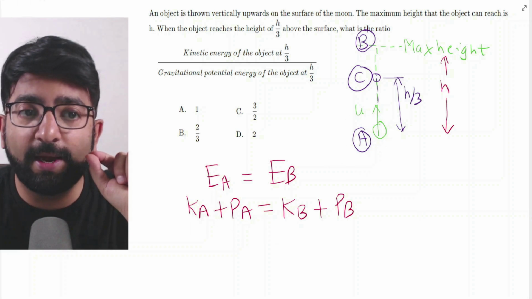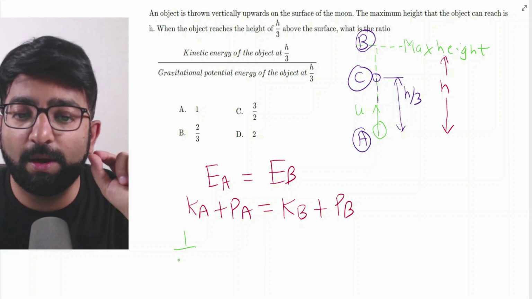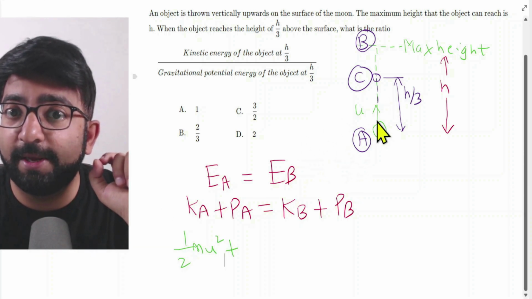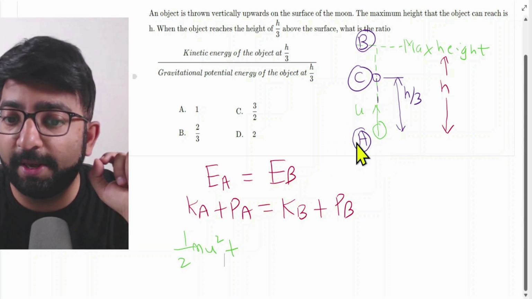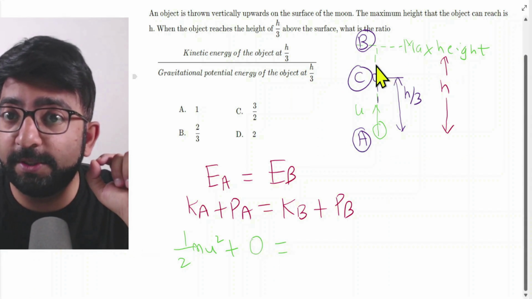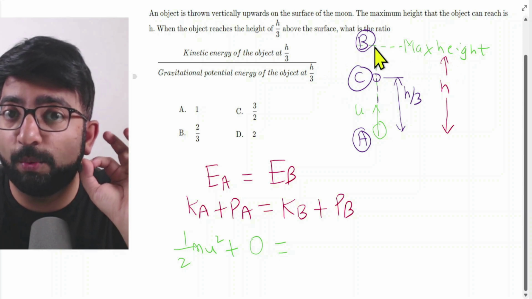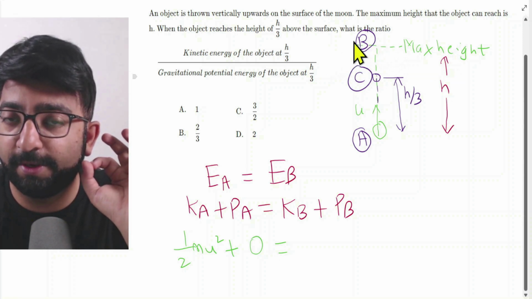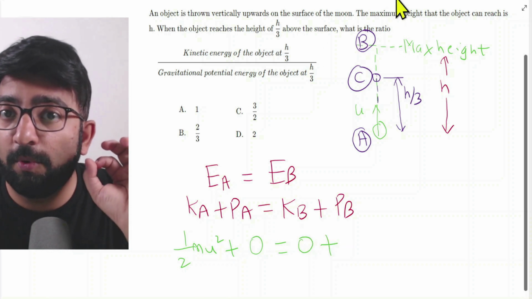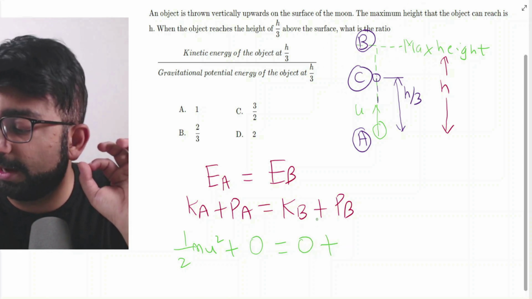So kinetic energy at A, we will write as half mu square, plus potential energy at A, we will consider as 0 since A is on the ground. Kinetic energy at B will be 0 because the object will become instantaneously stationary at the maximum height. So kinetic energy is 0 plus potential energy at B will be mgh.